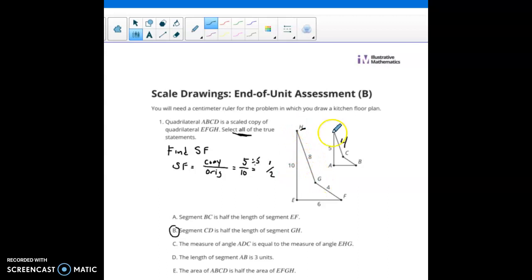Same angles. We have angle H, angle D, same angle, which means that this is also true. Then we also have the length of segment AB is 3 units. AB corresponds with EF. Half of 6 is 3. The length of segment AB is 3, which is true.